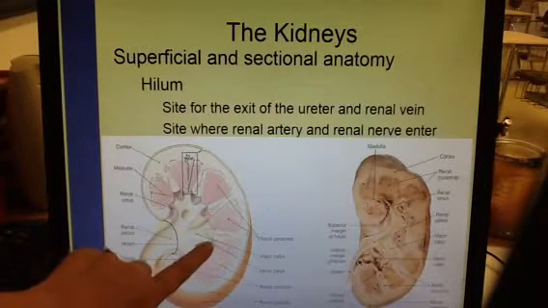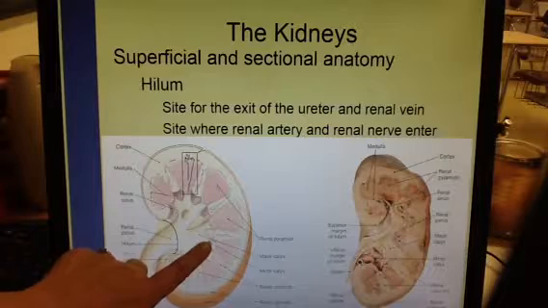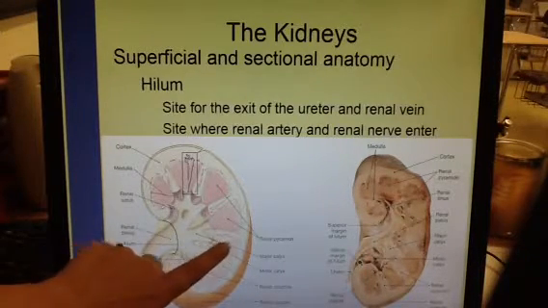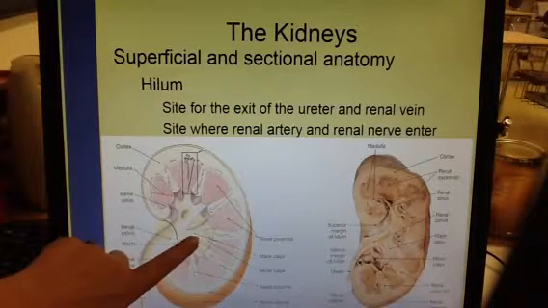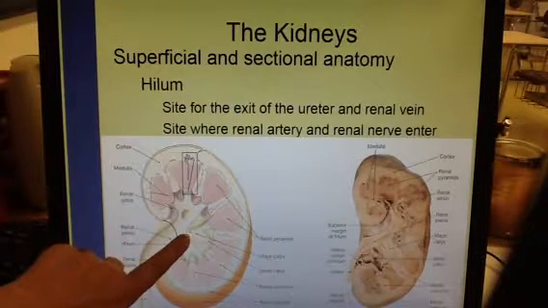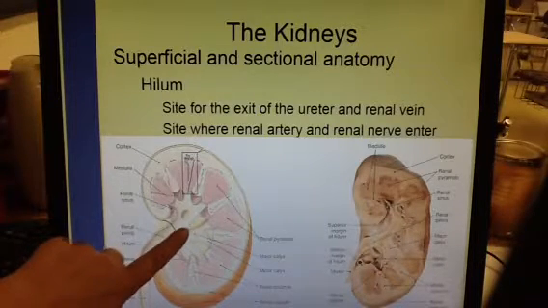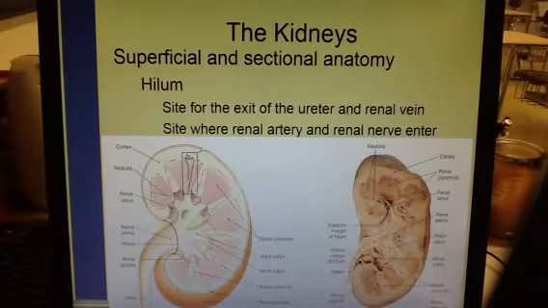Then there's the major and minor calyx. The minor calyx is where the urine from this section gets collected, and then it feeds into the major calyx, which is where all of the urine collects and then eventually goes into the ureter.